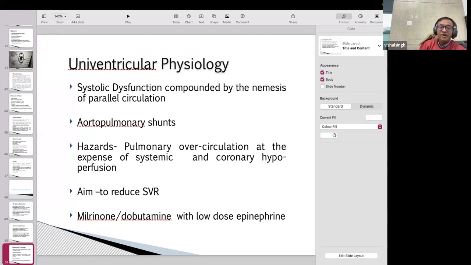So a milrinone combination with a low dose of epinephrine usually works. Shunts, when we do the shunts, basically they come either with a low dose norepinephrine or a low dose vasopressin, and we try to just maintain the hemodynamics around that. Very rarely, when you have a shunt with sepsis, you require a combination of an inotrope with a vasopressor.